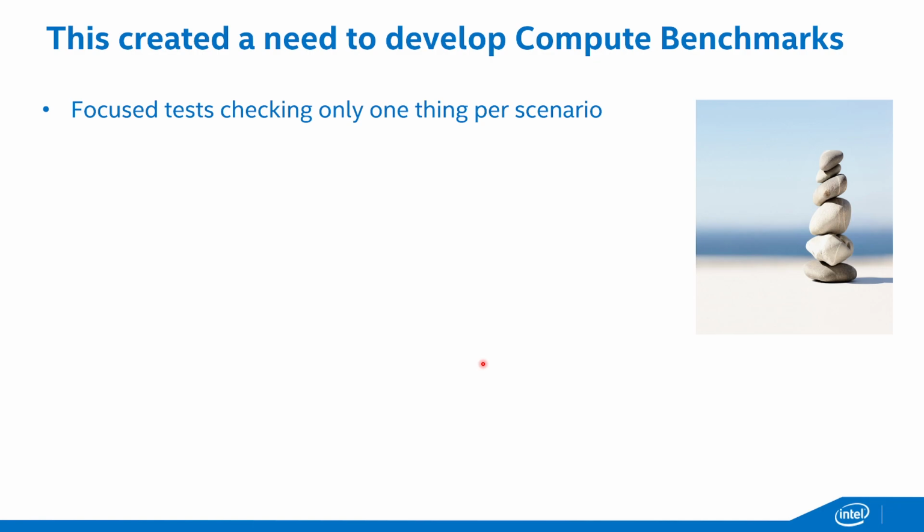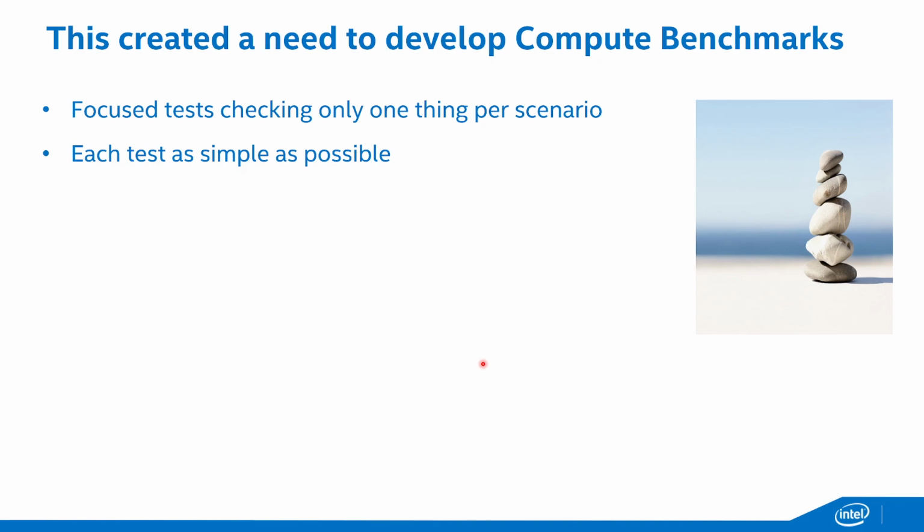In these compute benchmarks, we can take all those complicated pieces out of the application, and for each of those pieces, create a separate micro benchmark and only measure this one thing in a given test. So if you look at those stones on the right, this is your whole application. And this whole application consists of multiple smaller stones. So each test in the compute micro benchmarks is one of those stones.